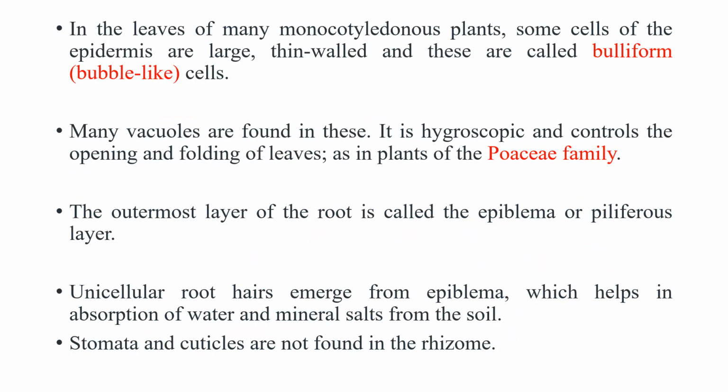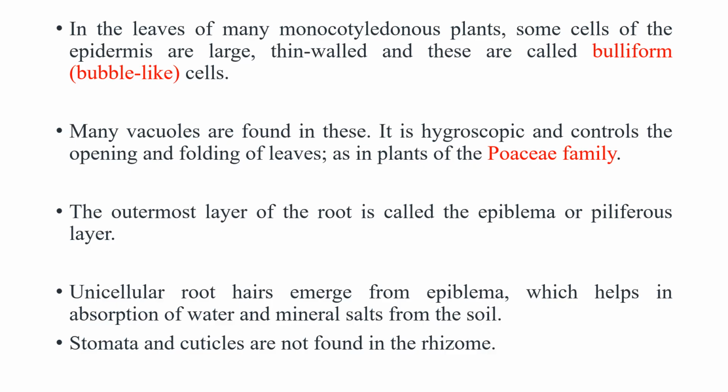Then in leaves of many monocot plants, some cells are present called bulliform cells or bubble-like cells. What is the role of these bulliform cells? They are hygroscopic in nature. Hygroscopic means during low water conditions, when there is a scarcity of water in the environment, these leaves roll and reduce water transpiration.